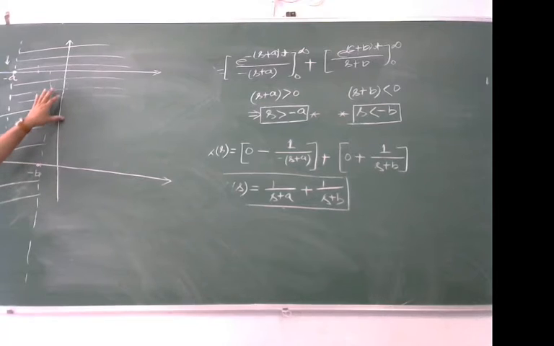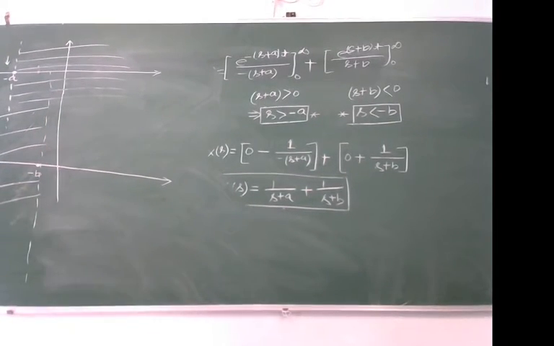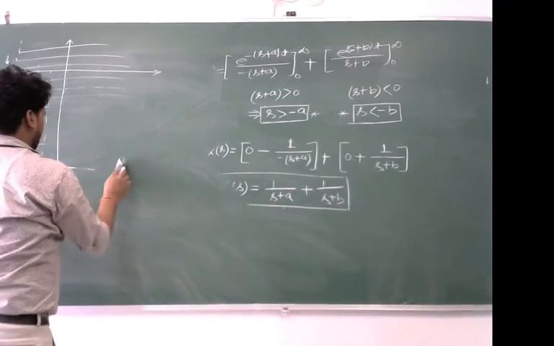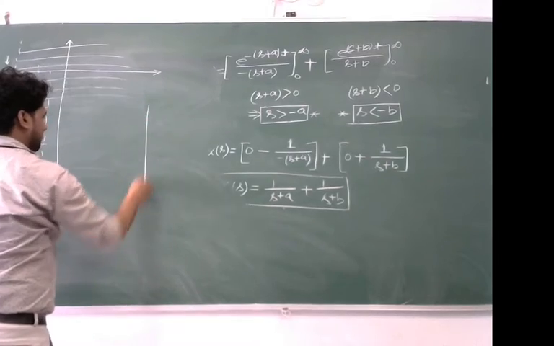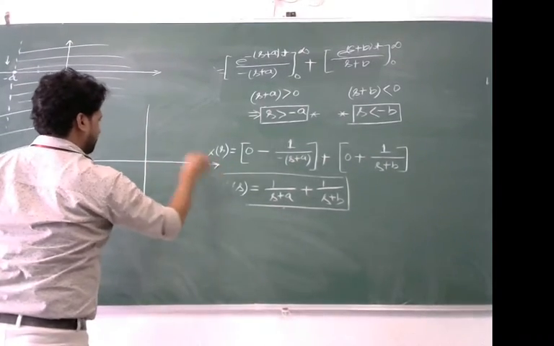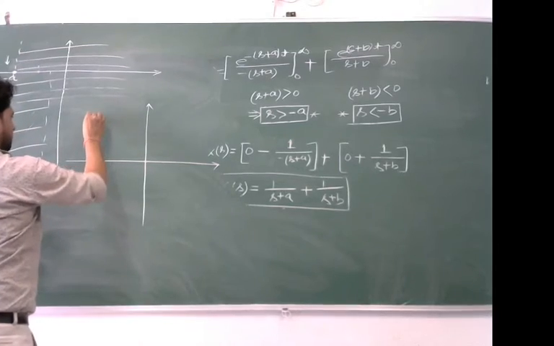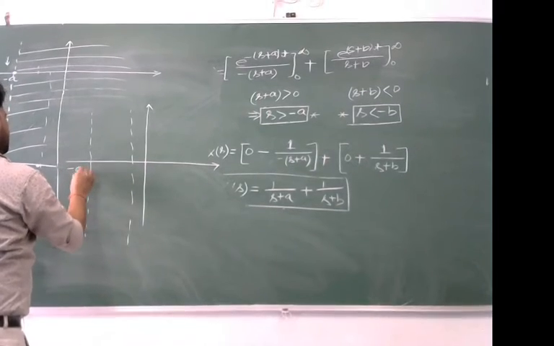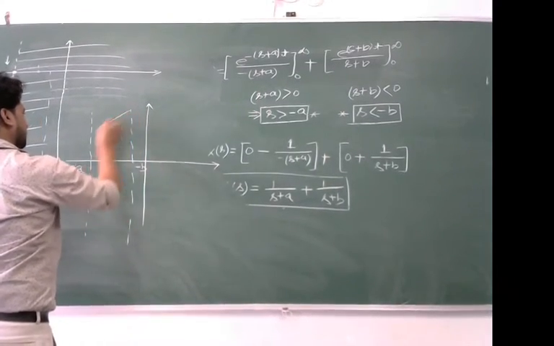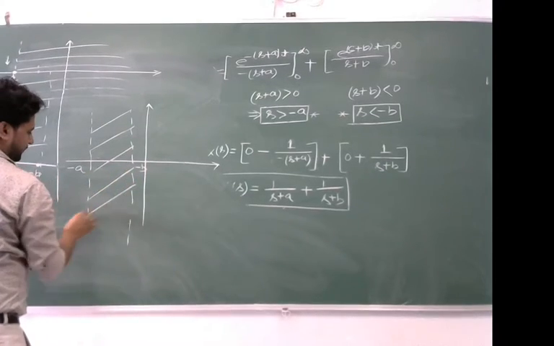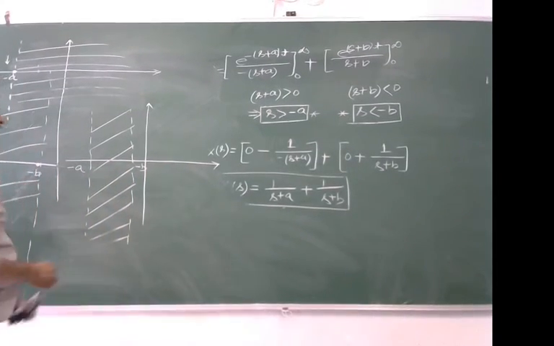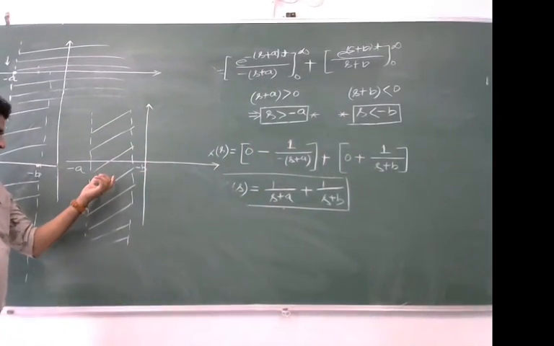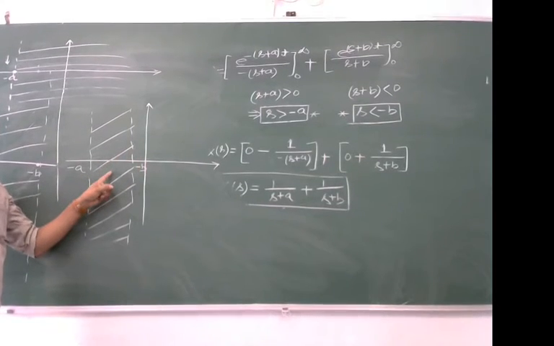So after combining these two ROCs, it will look like this: s should exist from minus a to minus b. In this region, both the conditions will be satisfied, that s should be greater than minus a and s should be less than minus b.